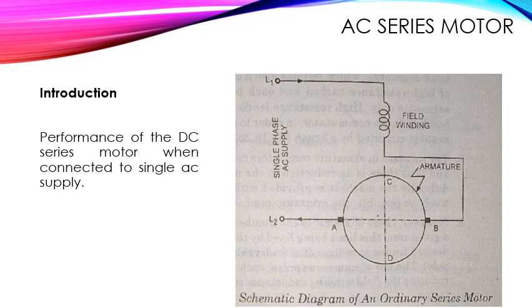So this diagram indicates the schematic of an ordinary series motor, and it is clear that there is no inductive coupling between the field and armature, meaning between the stator and rotor, as they are placed in space quadrature, meaning they are 90 degrees from each other.